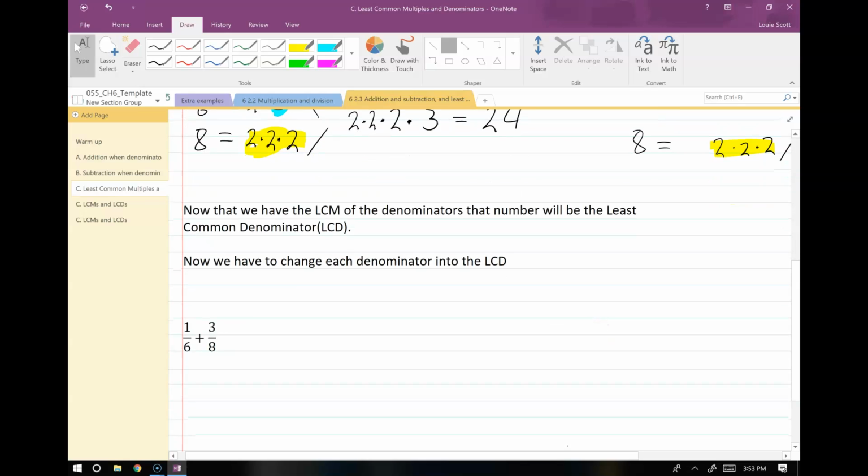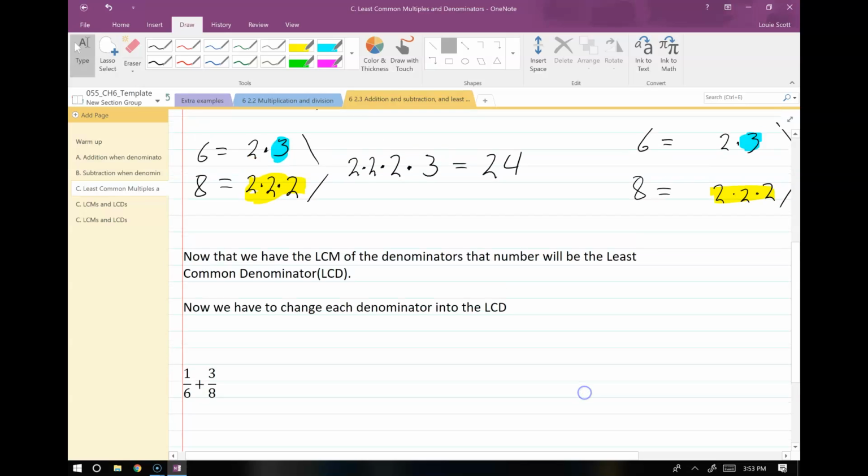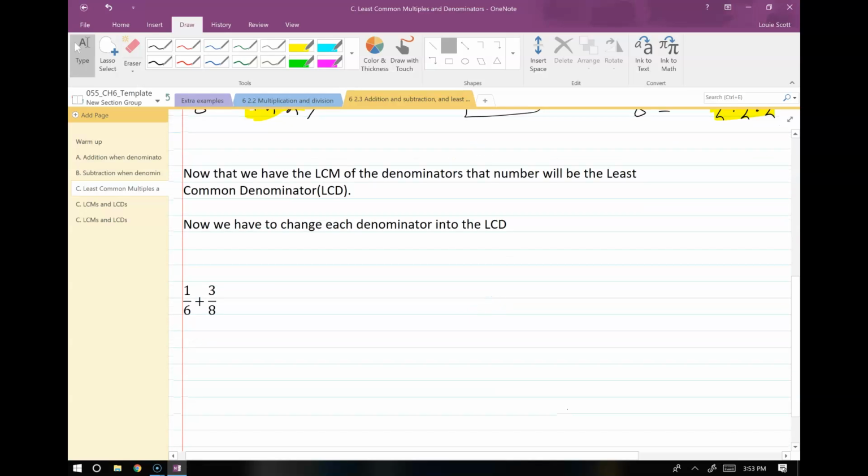Okay, so now that we found the common denominator of 24, we need to convert both of these denominators into 24 before we add these fractions. So 1 over 6 gets multiplied top and bottom by 4, the factor it's missing from 24.